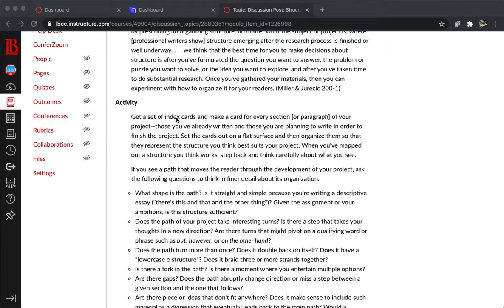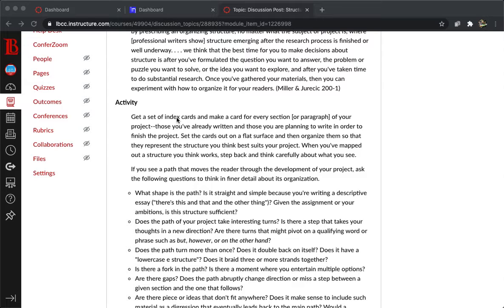You don't need to use index cards. You could use post-it notes or cut out pieces of paper if you don't have index cards. Anything will do, but you want to make sure that you have one index card or piece of paper for each section or paragraph of your essay that you've already written, and then also what you plan to write. So in your next draft, what you're imagining you need to cover next in that draft.